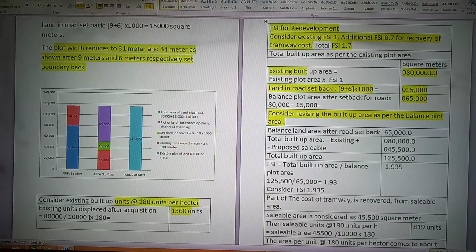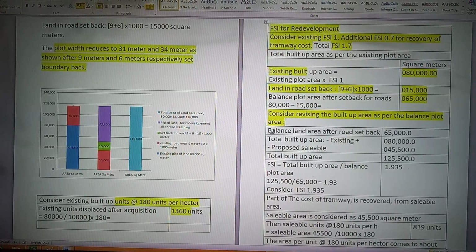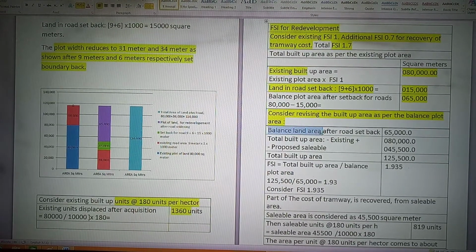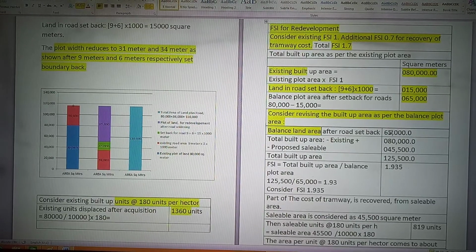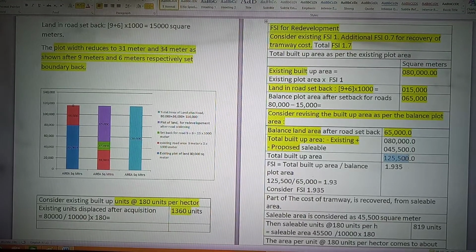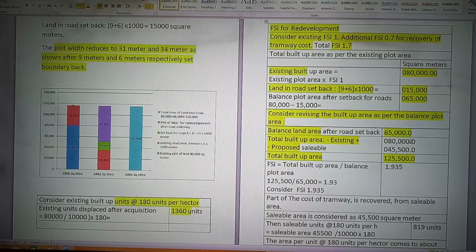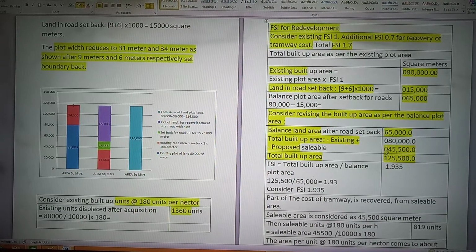Now we will calculate the FSI on the balance land area, which is 65,000. On this land area, we are going to build about 125,000 total built up area. Now the proposed saleable area we are giving here is 45,500. How did we get this?